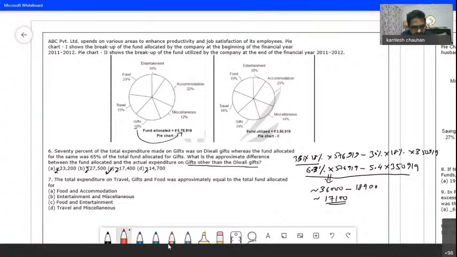Question number 7. Total expenditure on travel, gift, and food was approximately equal to total fund allocated for. So travel, food, and gift. Total expenditure of these three is 55 percentage of this number, which is equal to X percentage of 576,919.